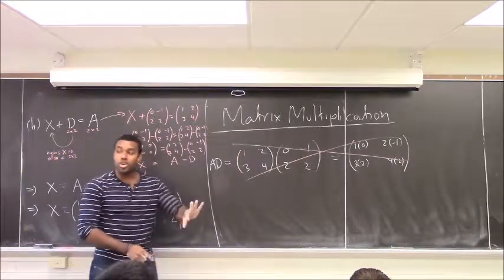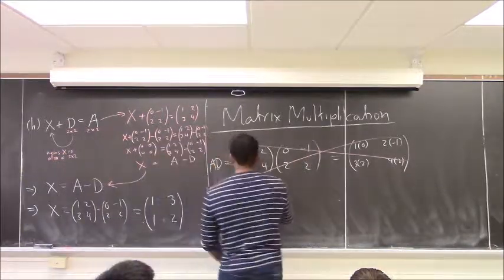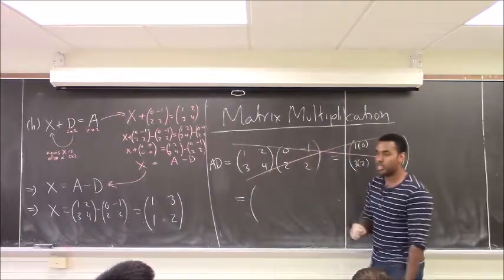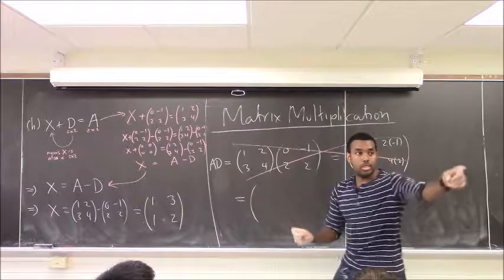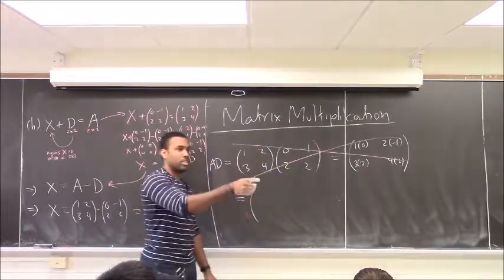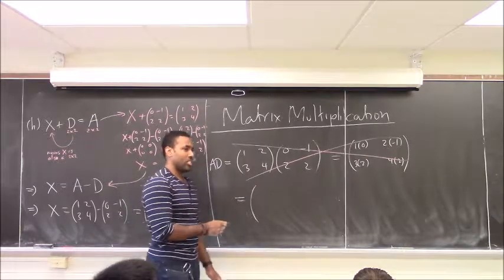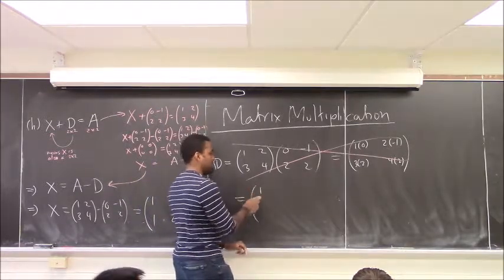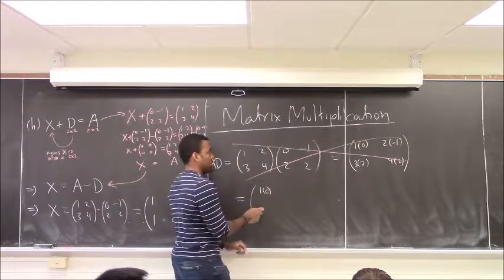Now, someone who knows about matrices, tell me what the actual answer is. How does it actually work? What is the actual answer here if I wanted to multiply these two? Don't you use a determinant? No, you don't need determinants at all. 1 times 0, 3 times -1, and then 2 times 2, 4 times 2?